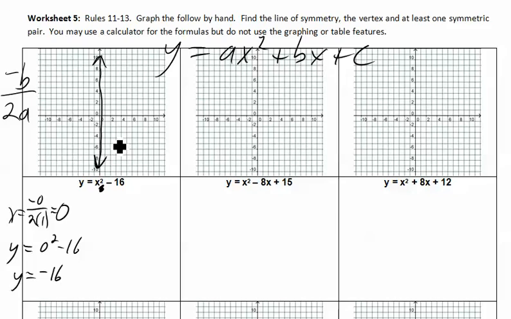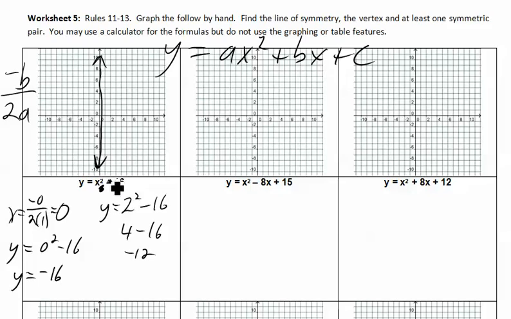So if x is 2, y equals 2 squared minus 16, because I put the 2 where the x is, and we get 4 minus 16 is negative 12, which is still just off the graph a little bit here.